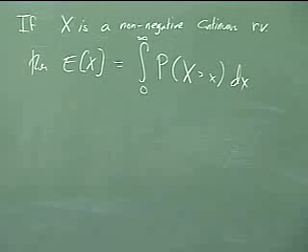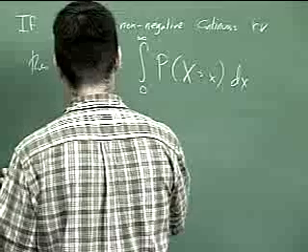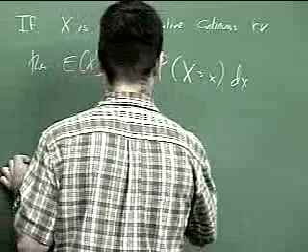Okay, just like this is equivalent to the definition of how you compute the expected value in the discrete case, this is also similar to the discrete case. Remember this?